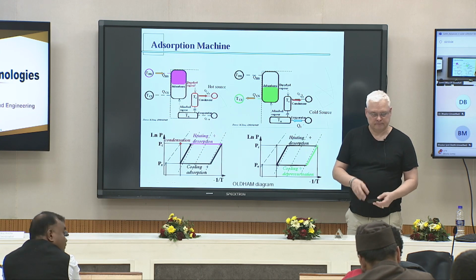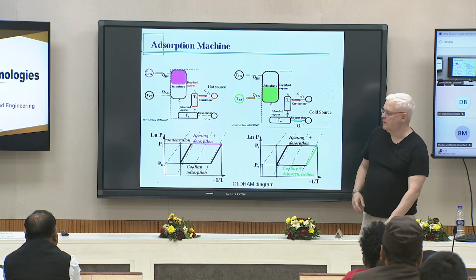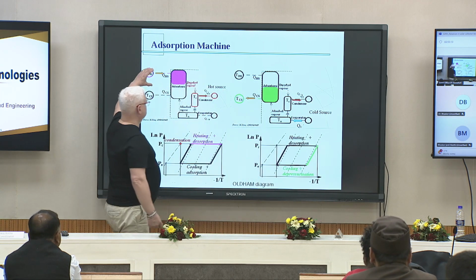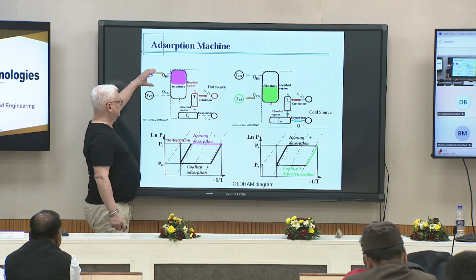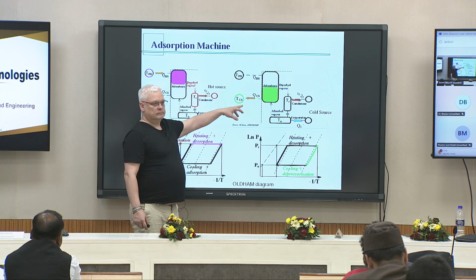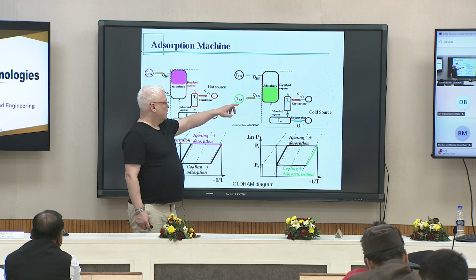Yes? By giving one input in that first diagram, we got two outputs, like heat extraction in the evaporator and the condenser. So is this possible? Just by giving one input we got two objectives, like it may disobey the second law of thermodynamics. Yes.